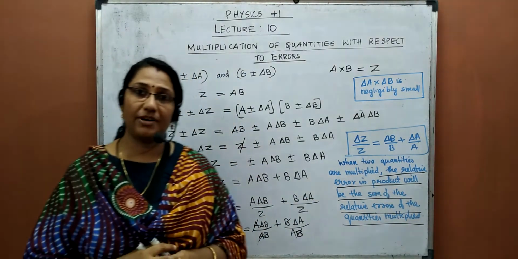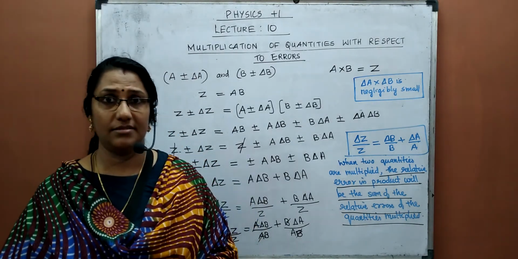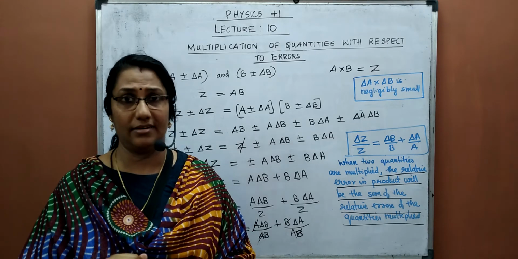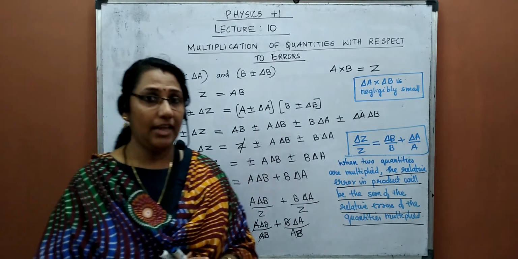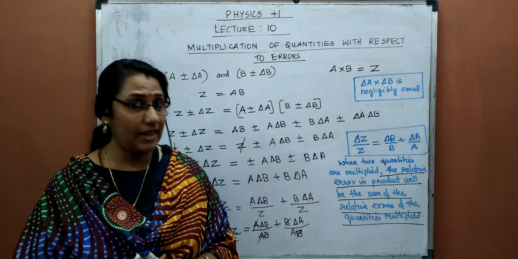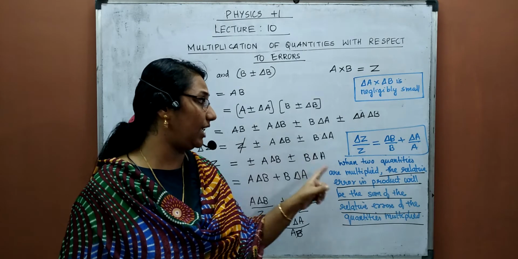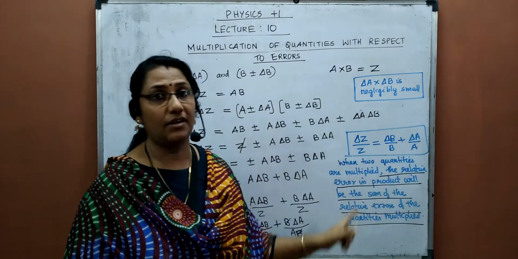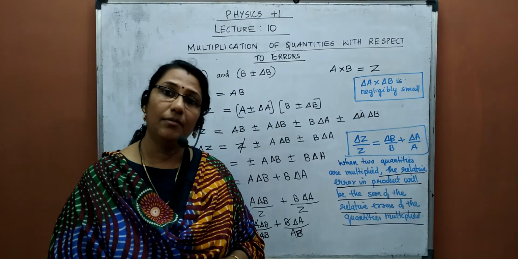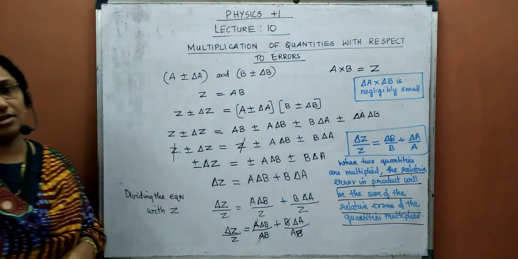In addition and subtraction, we directly added the errors. We directly added the errors when two quantities are added or subtracted. But in multiplication, we will never directly add or multiply the errors. You have to take the relative error of the product as the sum of the relative errors of the quantities multiplied. Is it clear? Pause the video, take the notes.